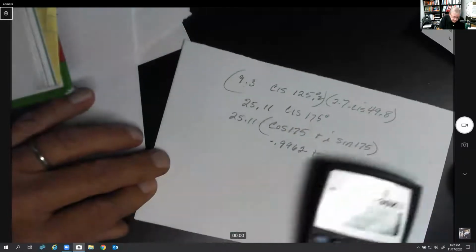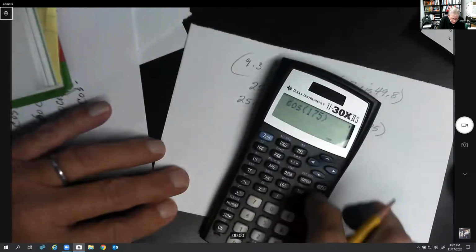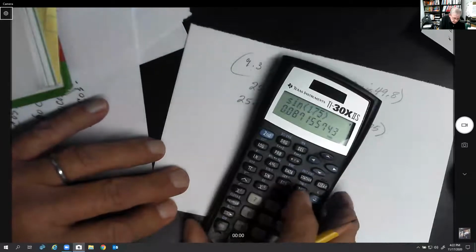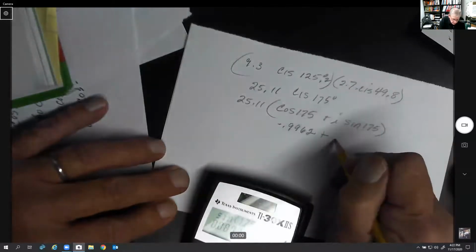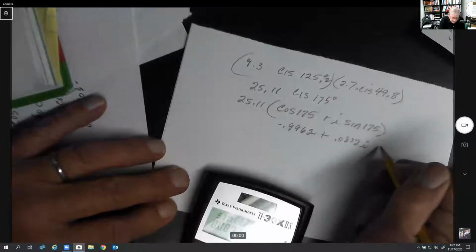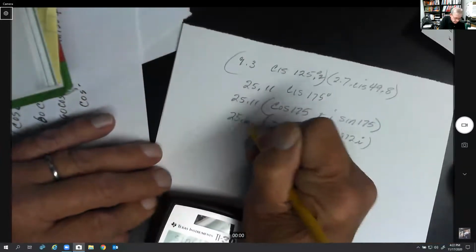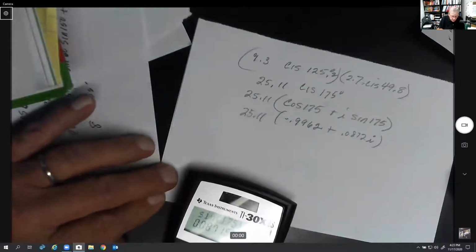And let's look up the sine of 175. Let's go back up here, just change this to sine, equals 0.0871, 0.0872 i times 25.11. Okay, so they went ahead and just distributed that.